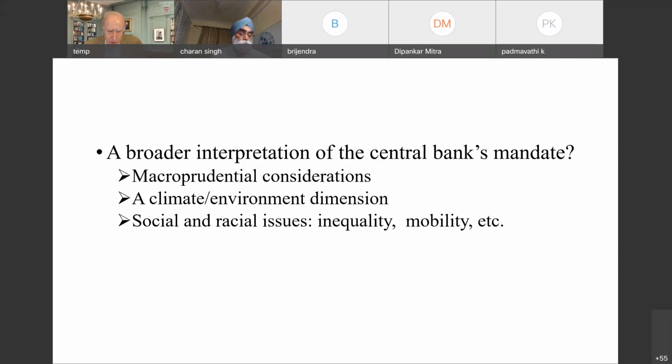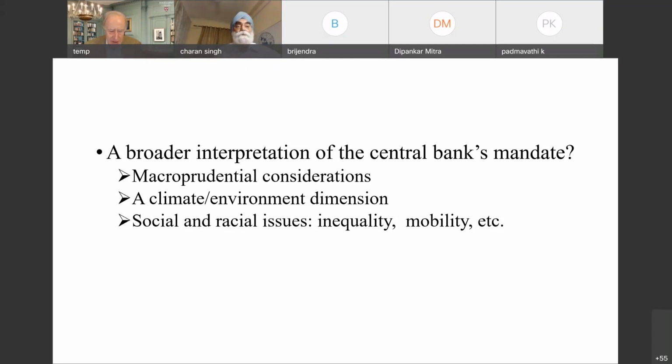So, for example, the Federal Reserve has now been very explicit that they are going to take into account a climate or environment dimension to monetary policy decision making, principally through the vehicle of understanding the risk that climate change poses for the asset side of the portfolio of the banking system. Well, at one level, it's easy enough to talk about this in the abstract, but I have to say that translating that into concrete action by central banks is something that remains to be done.